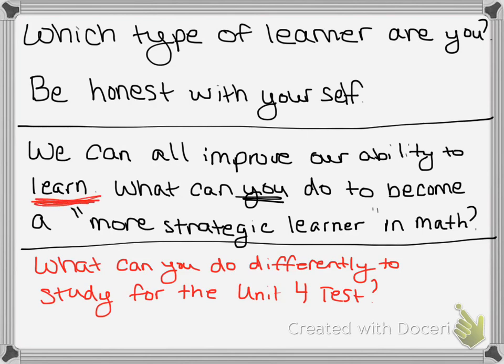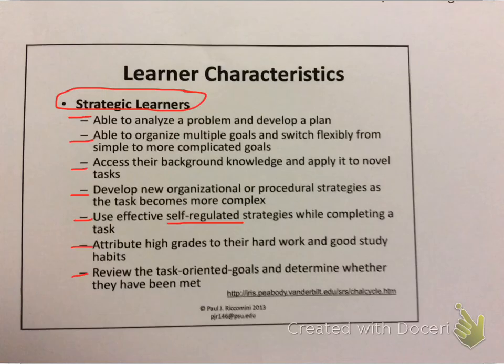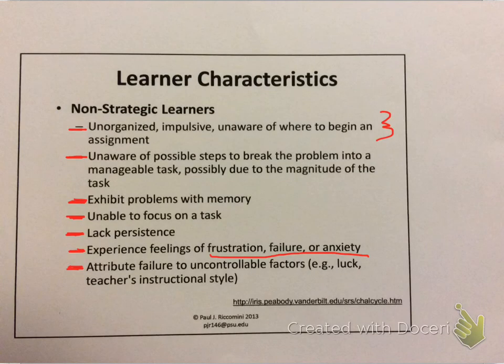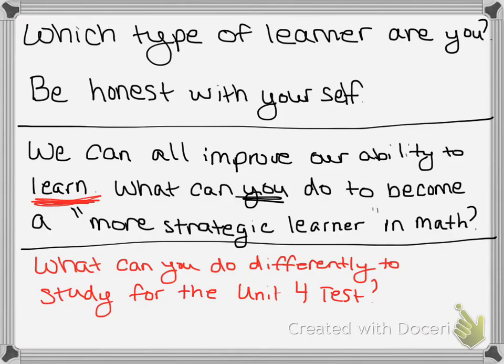What can you do to become a more strategic learner in math? Which of those goals or which of those characteristics could you work on to be a more strategic learner? Which of the non-strategic ones could you possibly try to work on to get better at? And finally, what can you do differently to study for the Unit 4 test?